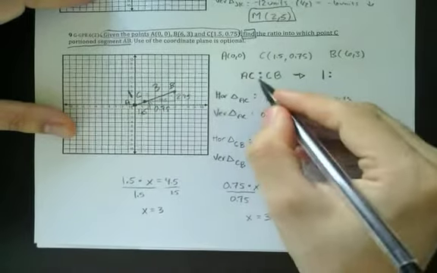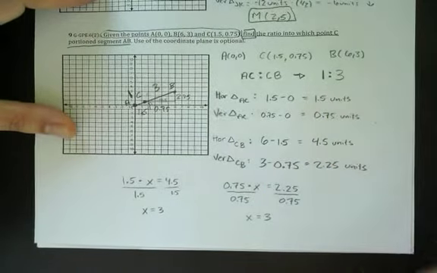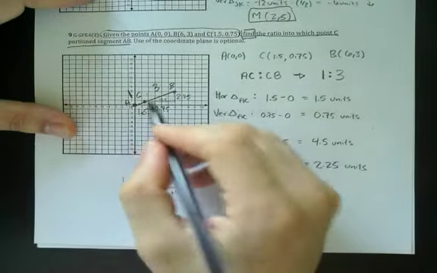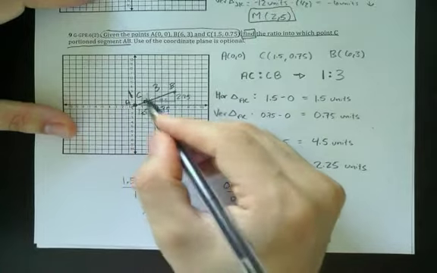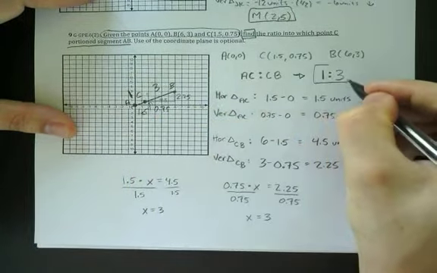So AC to CB is going to be 1 to 3, because these numbers were 3 times larger than these numbers. AC was one part, so CB has to be 3 parts. So the ratio is 1 to 3.